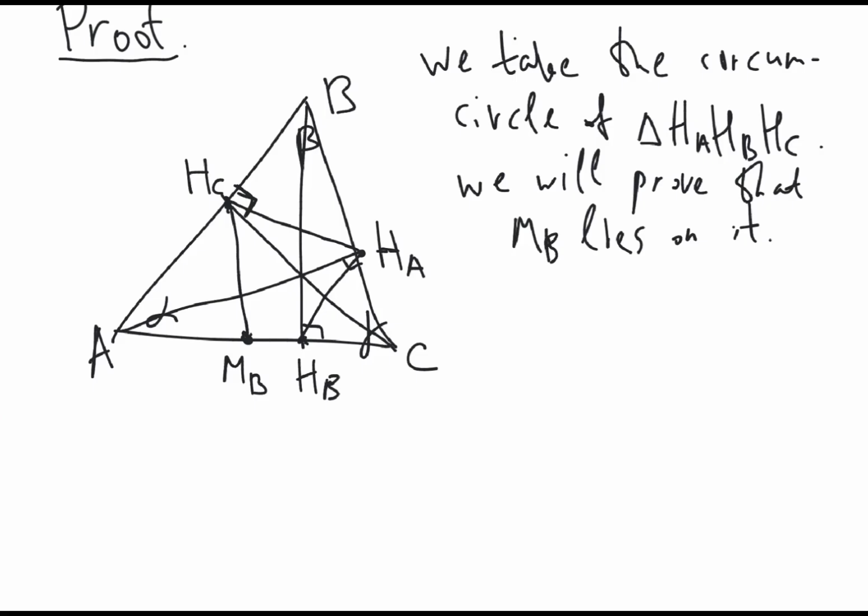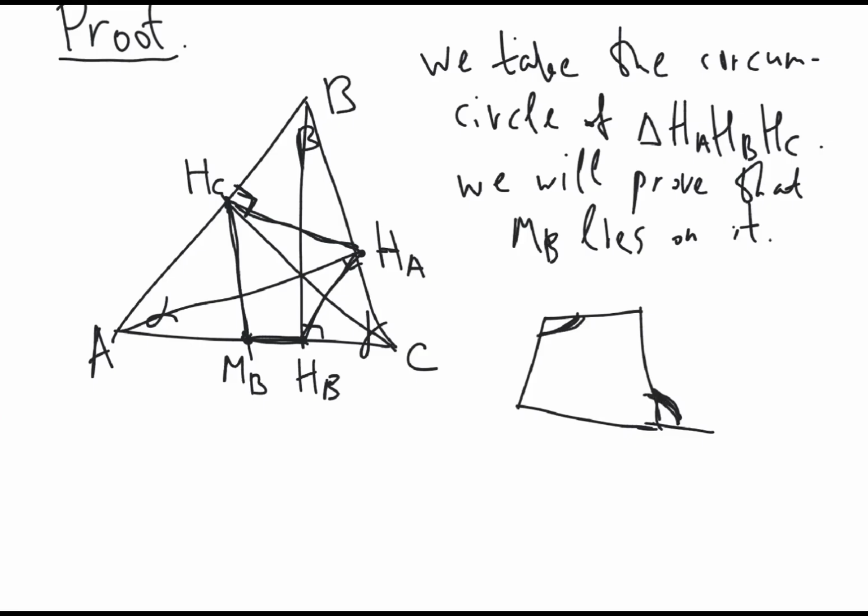To prove that these 4 points lie on a single circle, one of the criteria of a cyclic quadrilateral is that the external angle at one of the vertices is equal to the opposite internal angle. So basically these 2 angles are equal to each other.